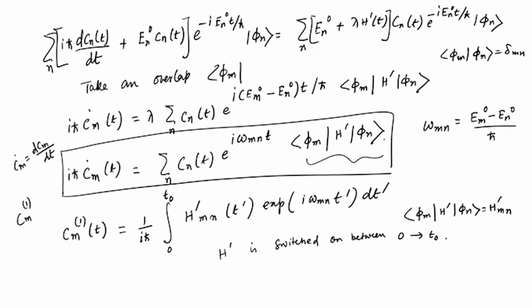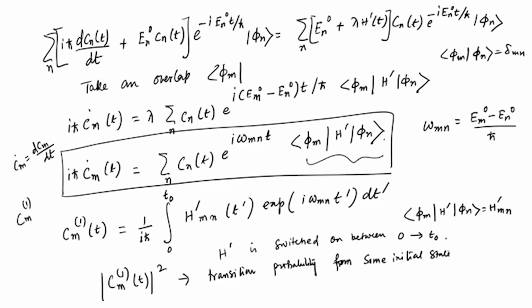Okay. All right. So, this is the equation that we need to worry about, and how this equation can be used. If you really think about this, |C_m^(1)|², the mod square of this, gives you a transition probability from some initial state n to some final state m.